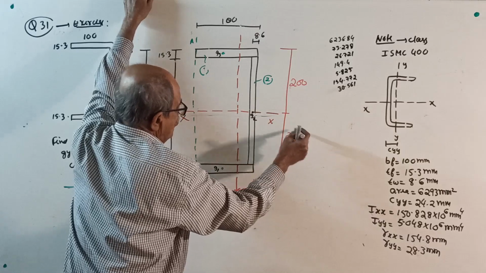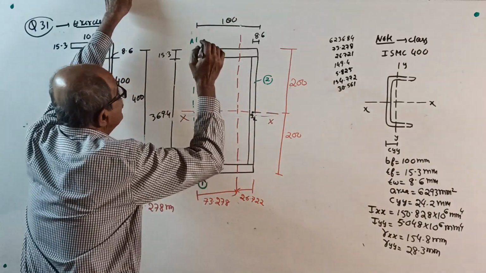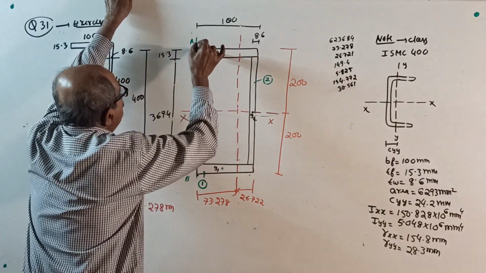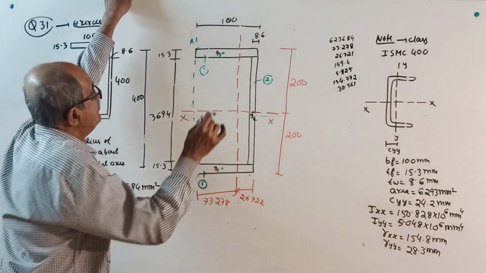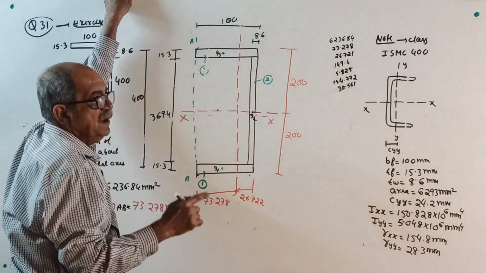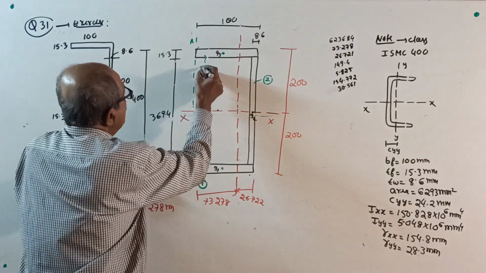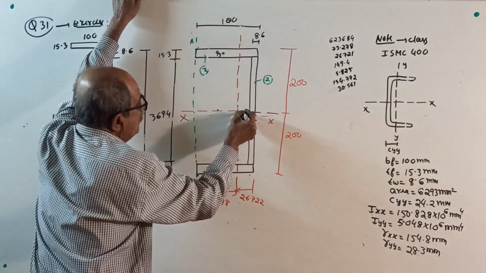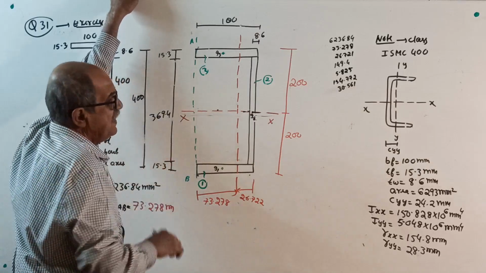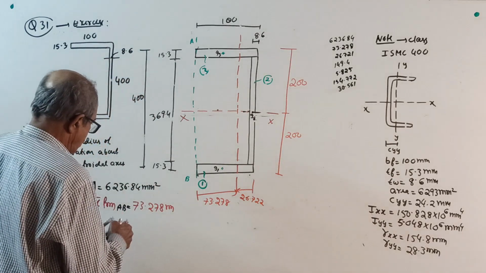Then I about xx: 100 into 15.3 cube by 12 plus area into this distance square, 200 minus 15.3 by 2 whole square, into 2. Either do for 1 or do for 3 into 2. Why? Take a double. Plus I about its own axis: 8.6 into 369.4 cube by 12 plus area into 0 square. You calculate I about xx.